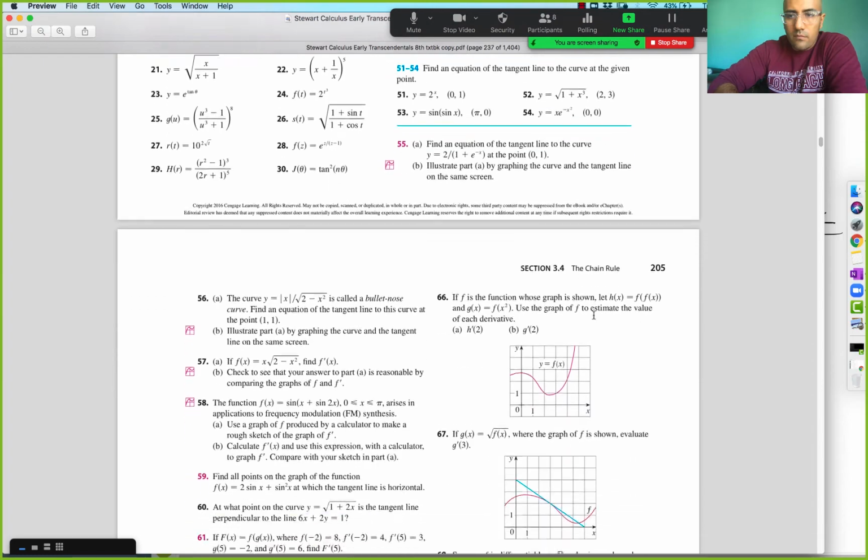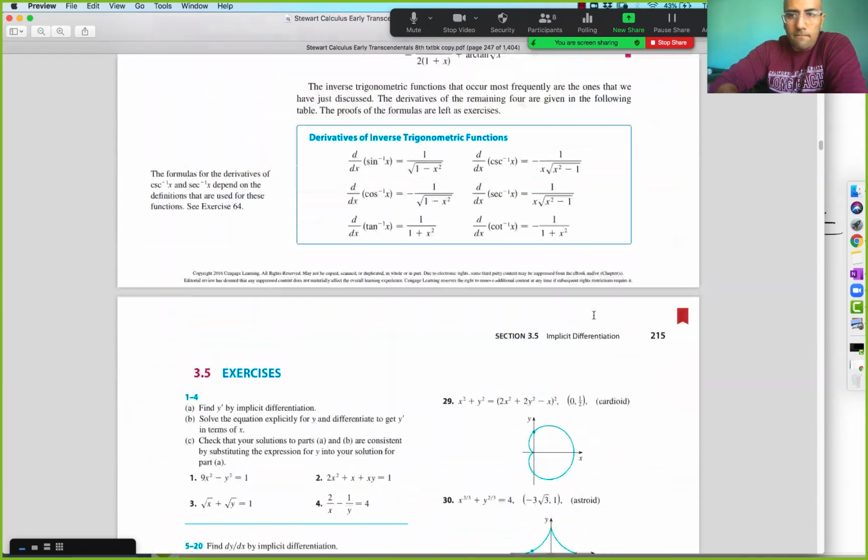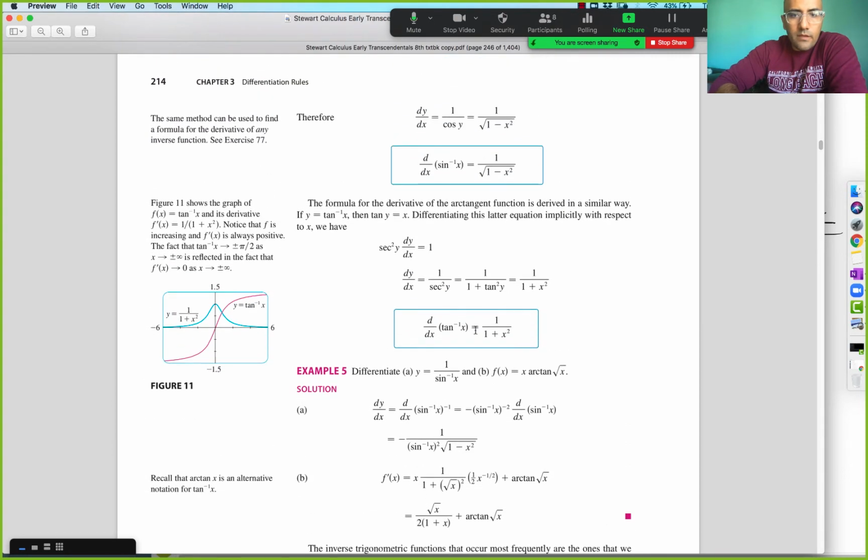There it is. The derivative with respect to x of tangent inverse of x is equal to 1 over 1 plus x squared. The way to achieve this is right here. If we want to find y equal to tangent inverse of x, then you move that tangent to the other side, so tangent of y must be equal to x by definition of what tangent inverse is.